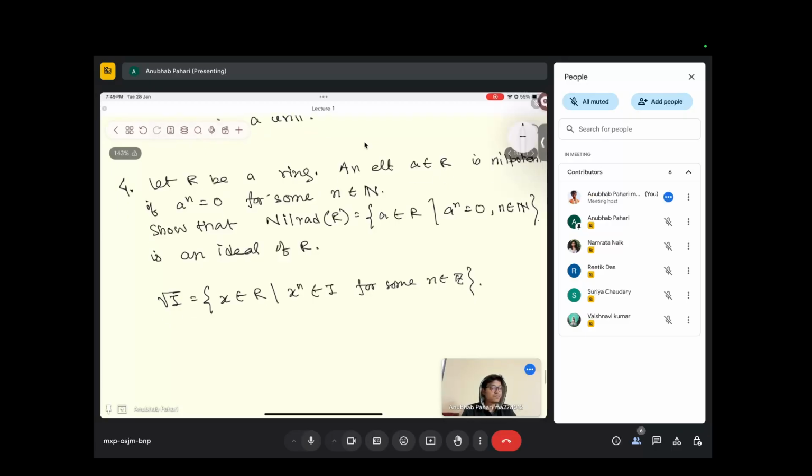So by this, can you see that the radical of the zero ideal is the nilradical?